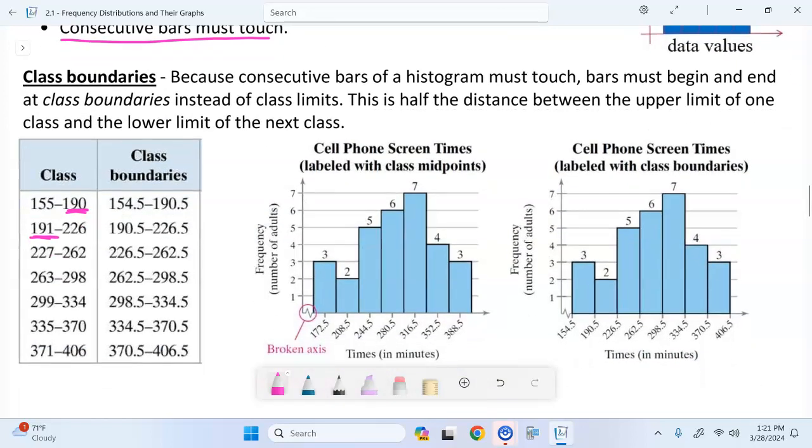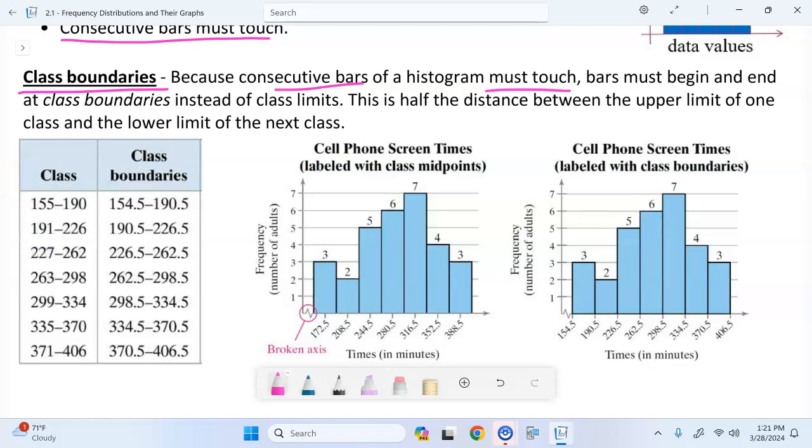Now, there are a couple of different ways the graph can be shown. Again, because we're looking at the transition from one class to the next, we don't want a gap. Instead of using class limits for the histogram, a lot of times they use class boundaries instead. Because consecutive bars have to touch, we have to begin and end at class boundaries, which are half the distance between the classes.